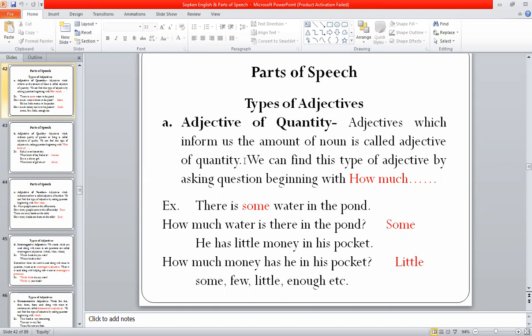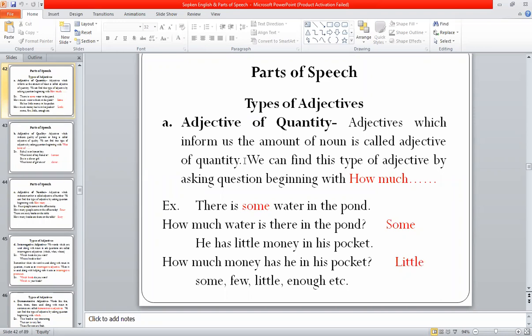We can find this type of adjective by asking the question with how much.